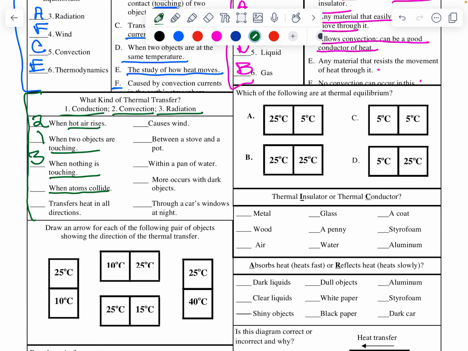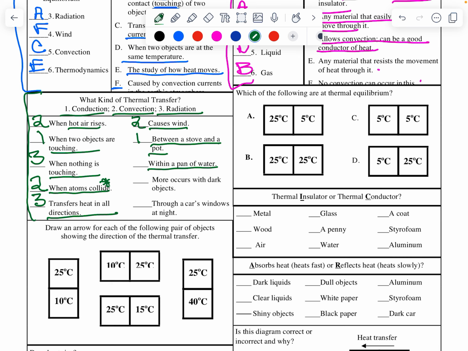Atoms collide. And when atoms collide, that's going to be a lot of convection. That one you could also argue conduction. The type of thermal transfer that radiates in all directions is radiation. What causes wind? That was convection currents. A stove in contact with a pot on the stove will be conduction.